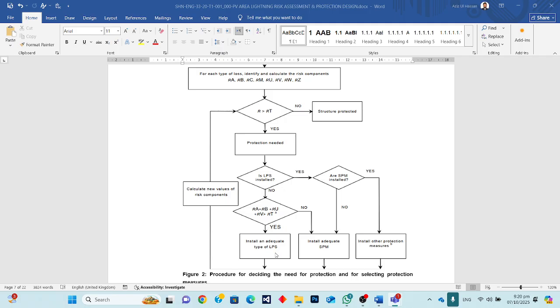Are such protection measures installed? Yes, install other protection measures. No, install adequate surge protection measures. So we have to install either the lightning protection or the surge protective devices.